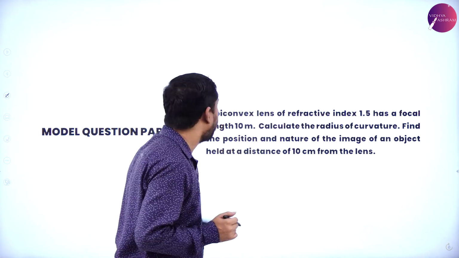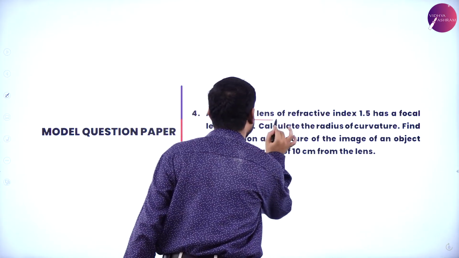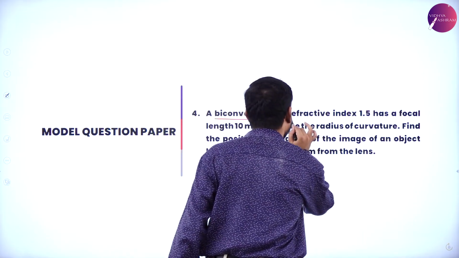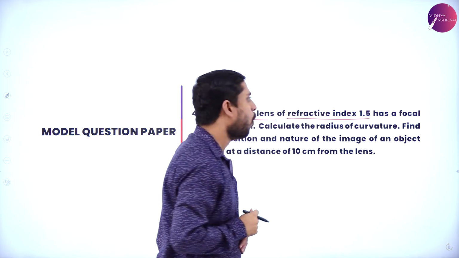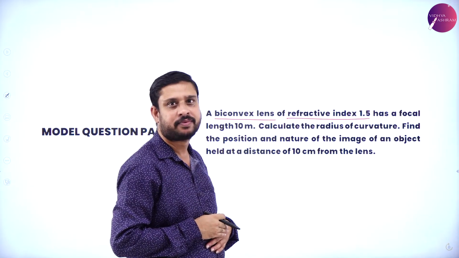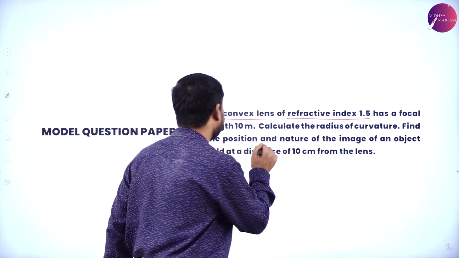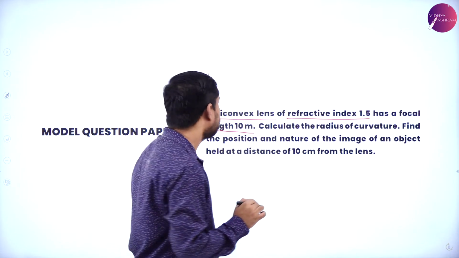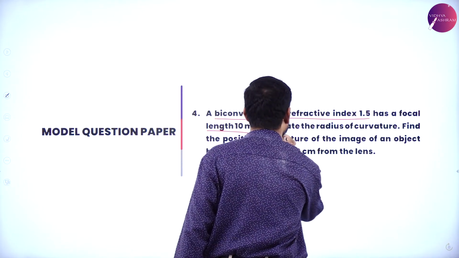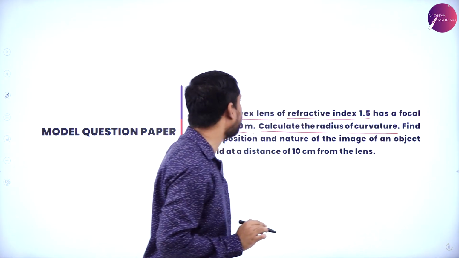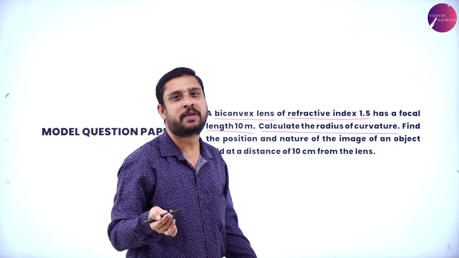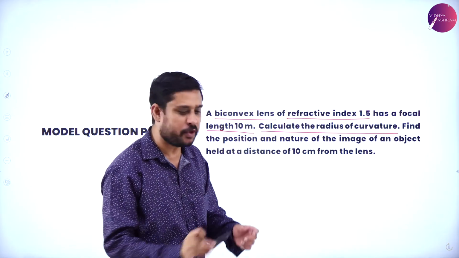Next one. A biconvex lens has a refractive index 1.5 and has focal length 10 meter. Calculate the radius of curvature. Very simple. Optics, Lensmaker's formula.